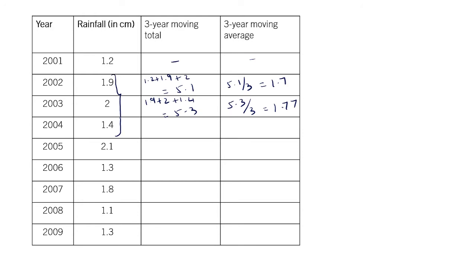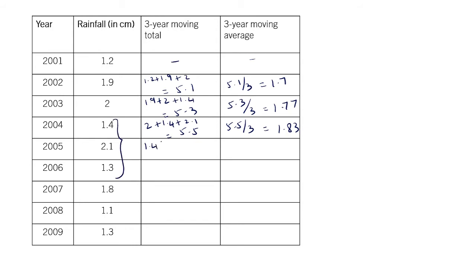And now coming to the 3-year moving total for the next year, we have to add these three. So 2 plus 1.4 plus 2.1. This is equal to 5.5. And the 3-year moving average is 5.5 by 3. So it is 1.83.